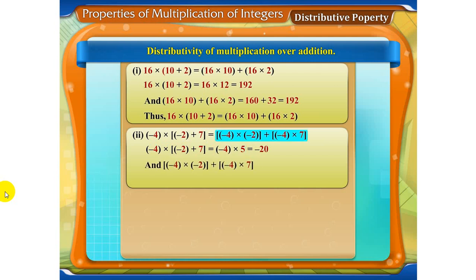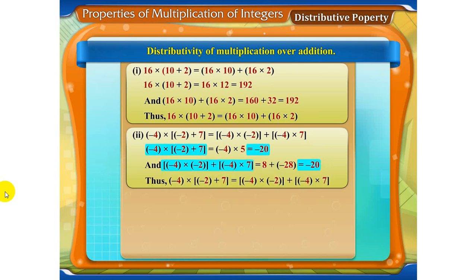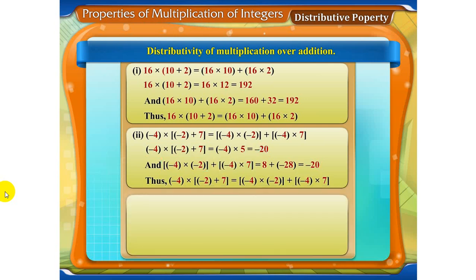And negative 4 multiplied by negative 2 plus negative 4 multiplied by 7 is equal to 8 plus negative 28, which is equal to negative 20. Thus, negative 4 multiplied by negative 2 plus 7 is equal to negative 4 multiplied by negative 2 plus negative 4 multiplied by 7.